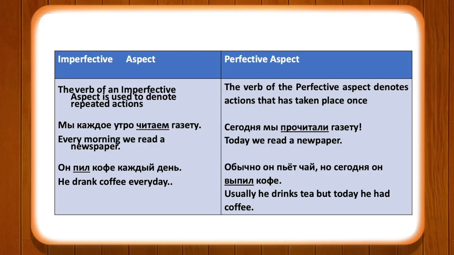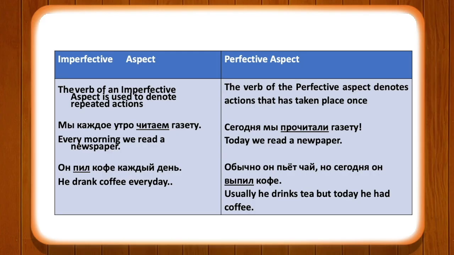Let's take one more example of the repeated action and the action that takes place once. Он пил кофе. Сегодня он выпил кофе. Он пил кофе каждый день. It means he drank coffee every day.